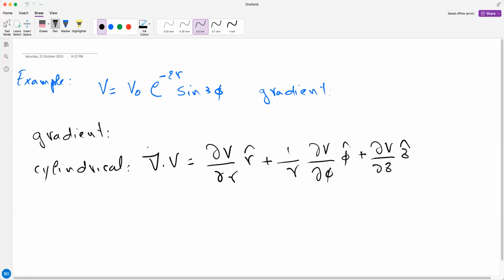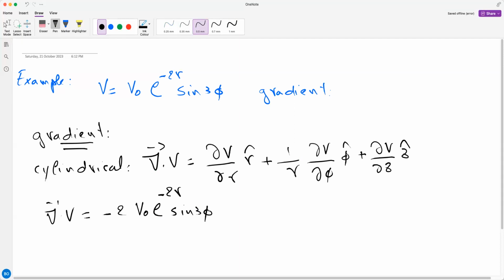This will give me, since we are talking about the gradient of a scalar, it has to be a vector. The derivative with respect to r is minus 2 V0 exponential minus 2r sine 3 phi.